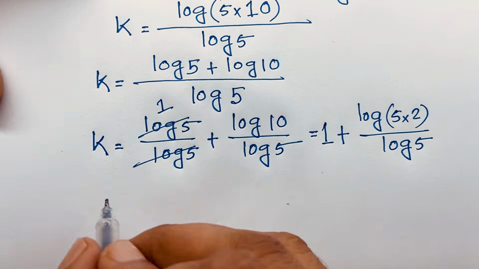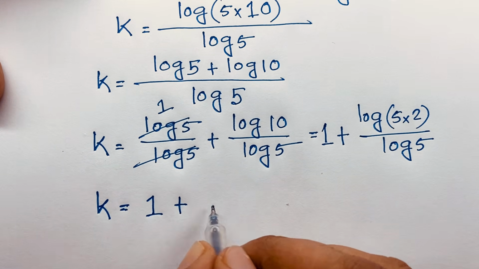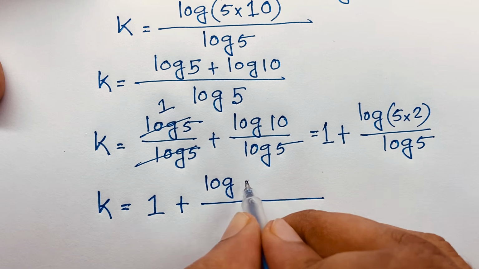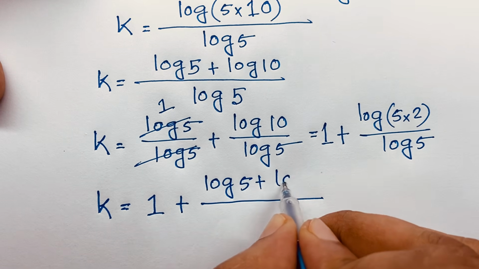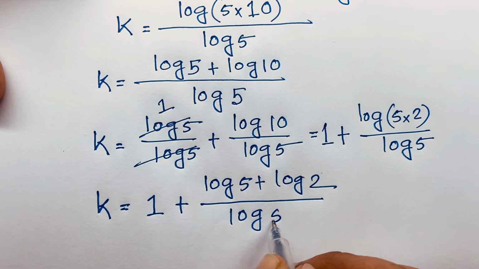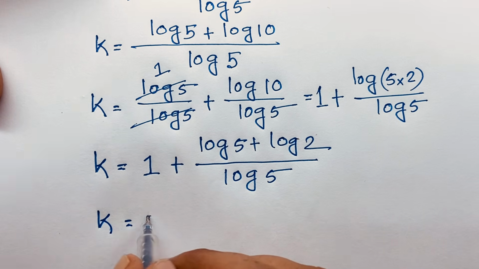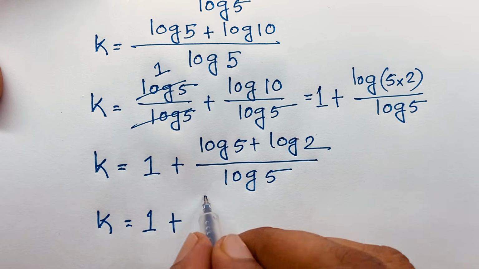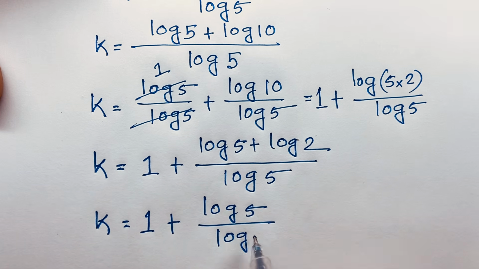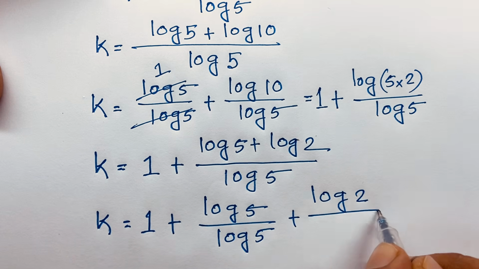Now k is equal to 1 plus, and here log ab is log a plus log b, b is 2, over log 5. Now I separate this fraction again, so k is equal to 1 plus log 5 over log 5 plus log 2 over log 5.